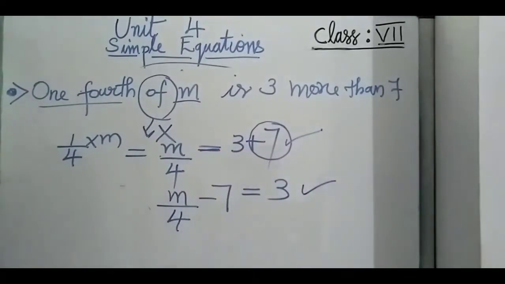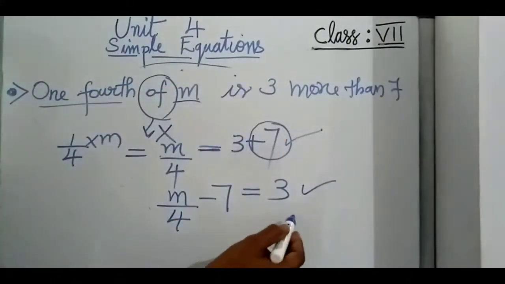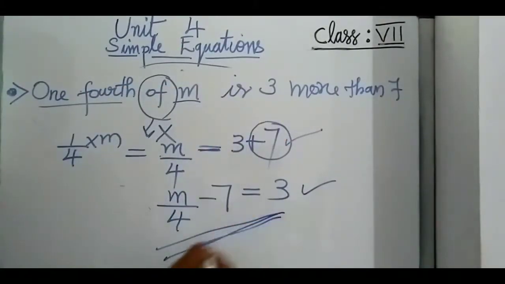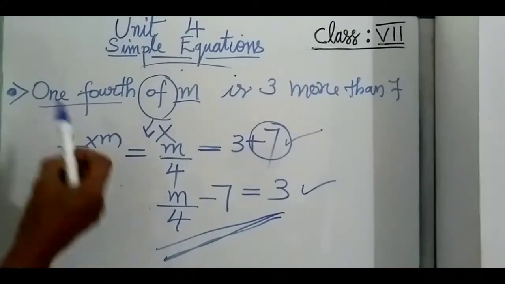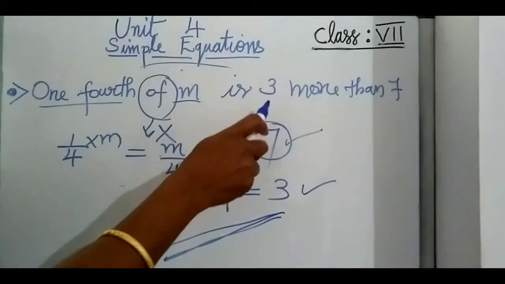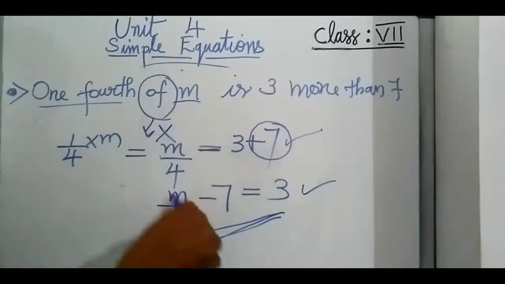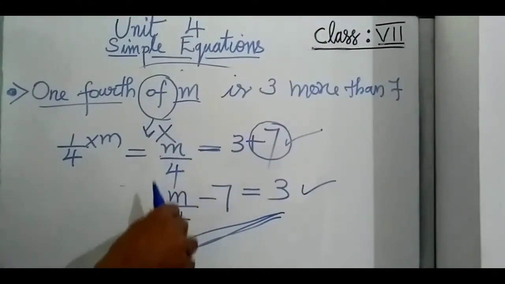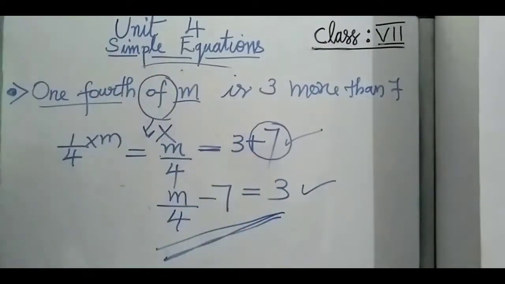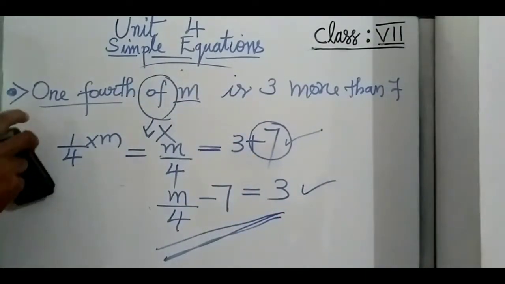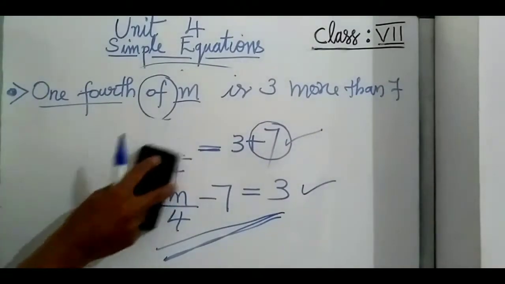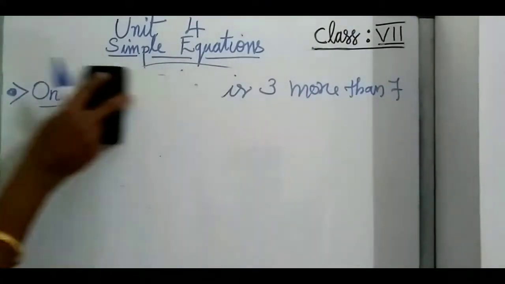We can write the given statement as this expression also. 1/4 of m is 3 more than 7 means if we subtract 7 from 1/4 of m, we get 3. So from the statement form, we can write the equation.